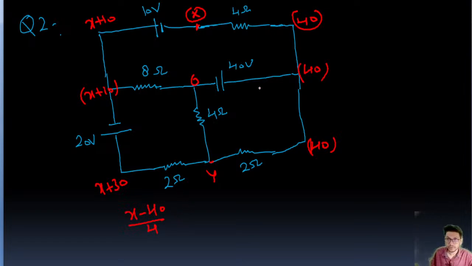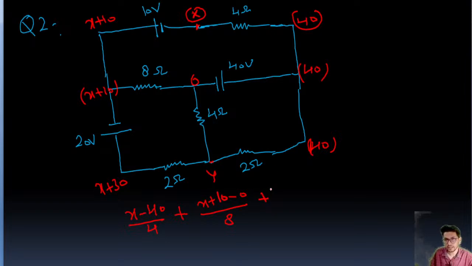Then we'll take this point: x minus 40 upon 4, and here it is going to be plus, at this point, x plus 10 minus 0 upon 8, this is 8.